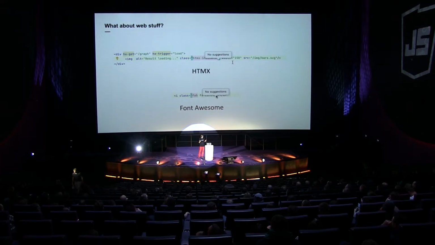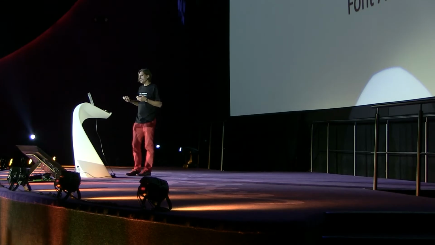But when you want to use that library in the editor, it's actually not really nice. You get an unknown attribute, you don't get the CSS classes HTMX is using, and things like that.